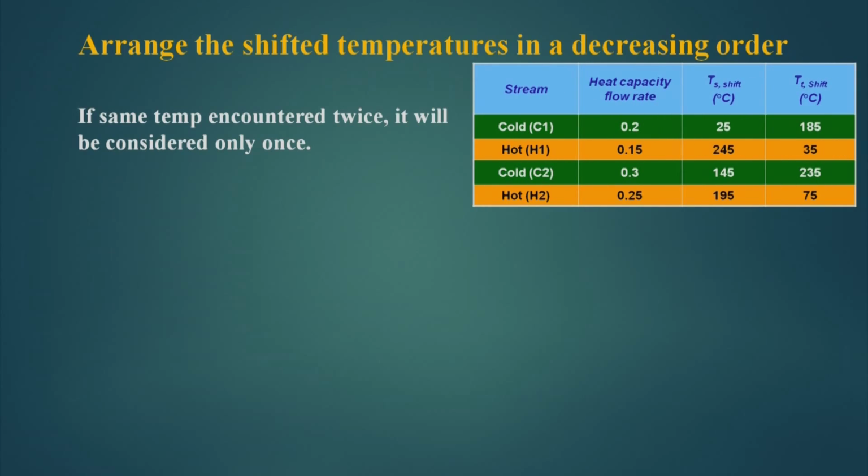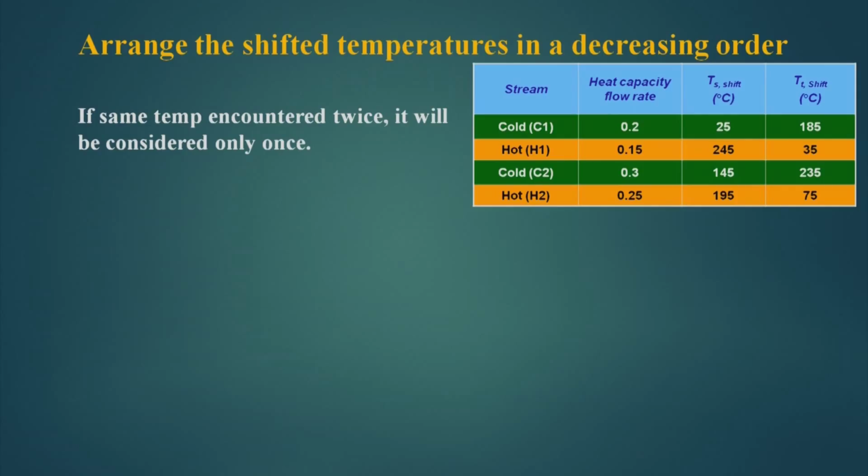Now, these temperature levels are put in decreasing order, and if a temperature level is encountered twice, it will be considered only once.